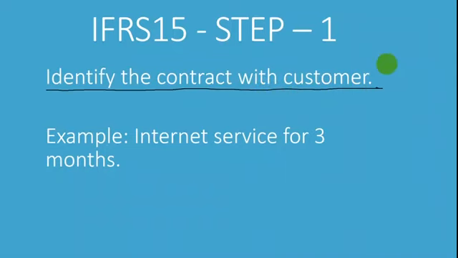Whenever you are dealing with a customer, you should have a clear contract which has monetary value within it. If there is no monetary value or monetary benefit in that contract, then that contract will not come into the IFRS 15 5-step framework. Okay. In our example, we are taking the internet service for 3 months. That is step one.